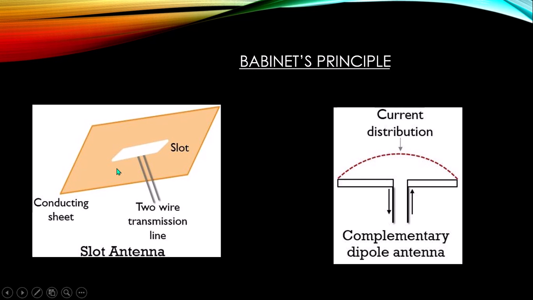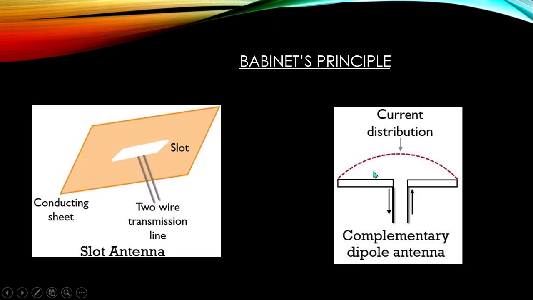According to Babinet's principle, the structure of the slot antenna and the half-wave dipole structure cut out from the conducting sheet are complementary to each other. As you can see here in the picture, this is the conducting sheet, this is the slot, and this is the two-wire transmission line. The region which is cut from the conducting sheet is the half-wave dipole that acts as the slot's complementary antenna, so it is known as the complementary dipole antenna.